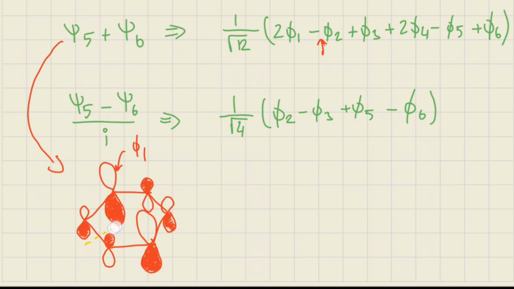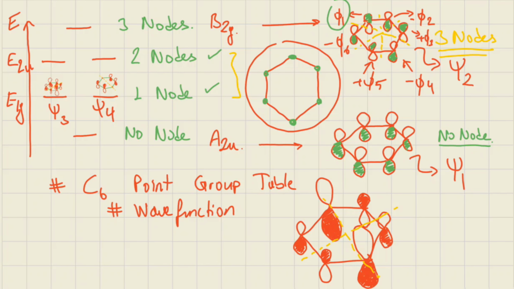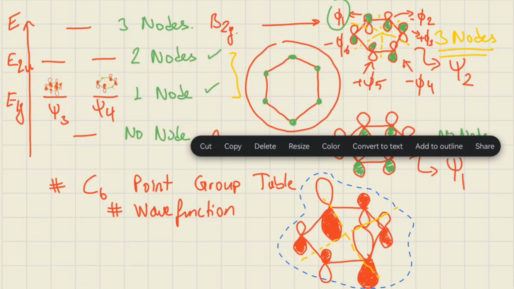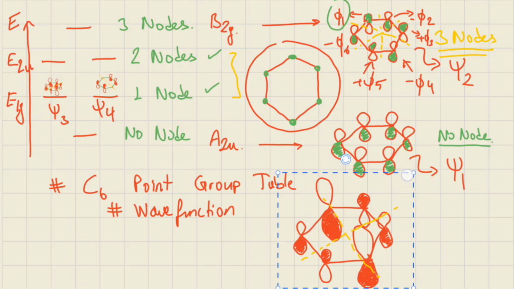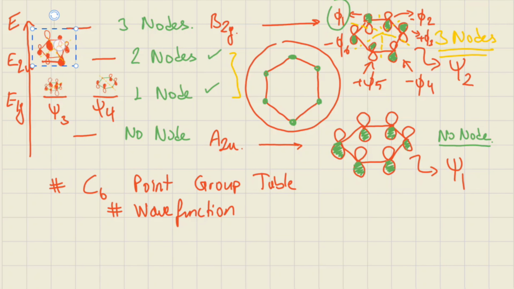So we have nodes from here, and I guess we have nodes from here to here. So we have two nodes as we expect. So this is our other molecular orbital, which is here. Okay. We can name it as the other wave function, maybe 5.